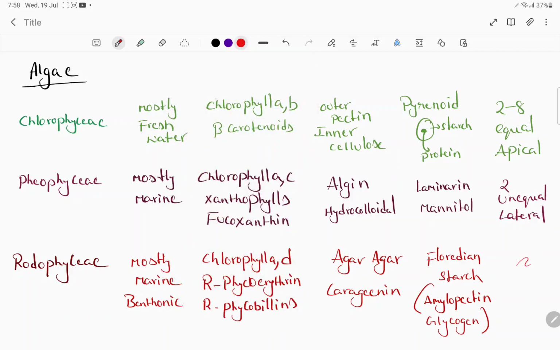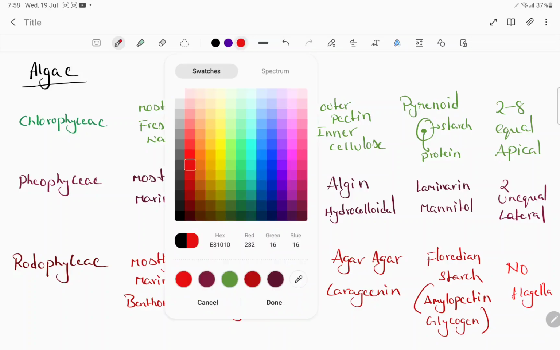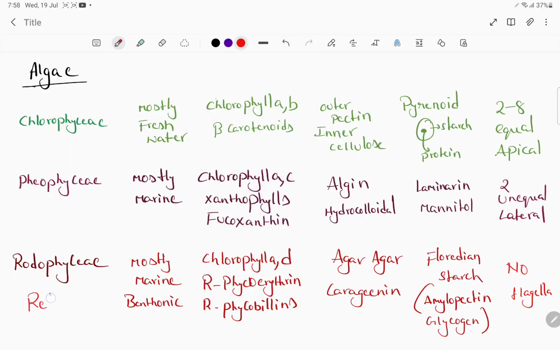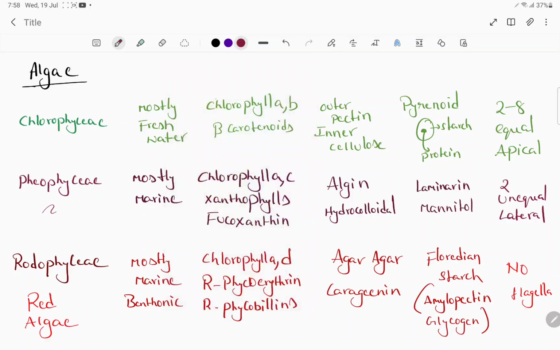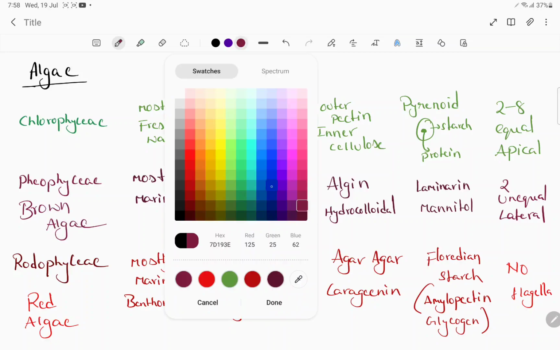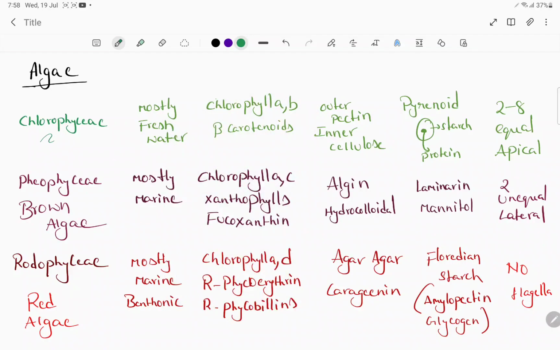And here you have no flagella. Coming to the common names, this we call red algae, and this we call brown algae, and this we call green algae.